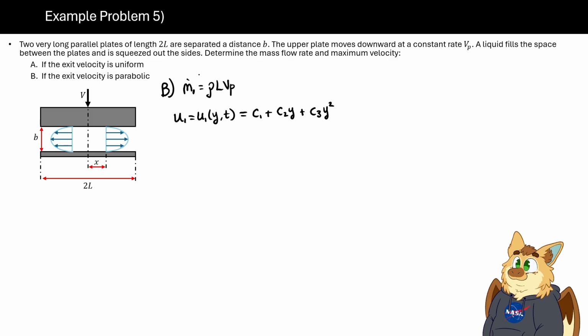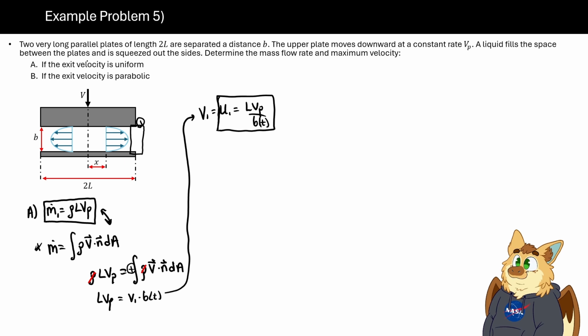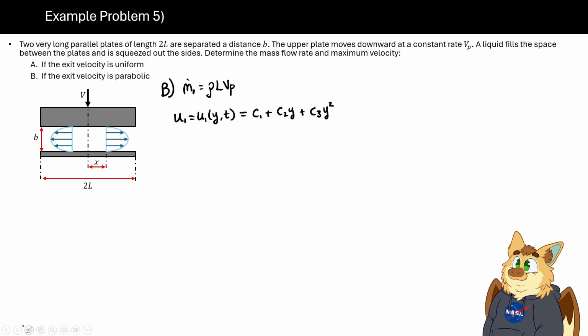And after that, we can solve for our max flow rate, or max velocity, excuse me. I also didn't explicitly point out that our max velocity was fixed here because it's pretty much assumed. When you have a uniform mass flow rate coming out of a surface, it's a fixed value, so your maximum value is constant. But anyways, getting back to this.